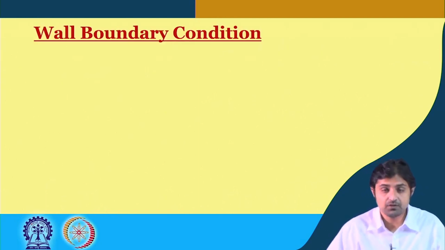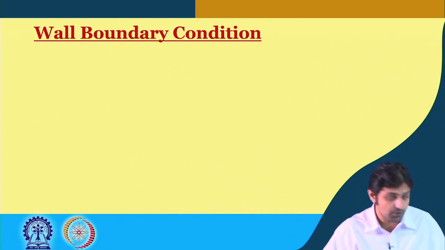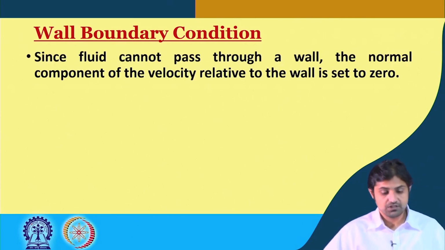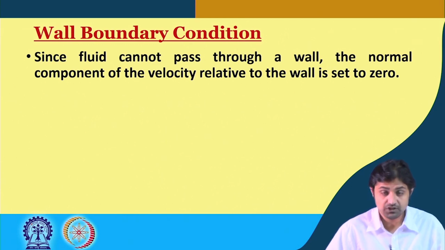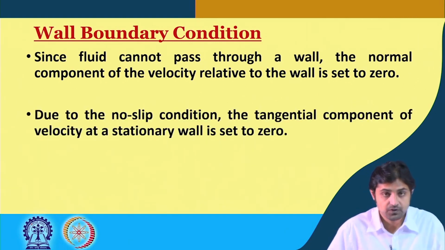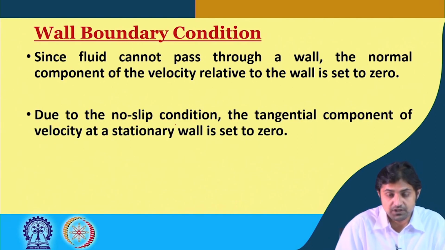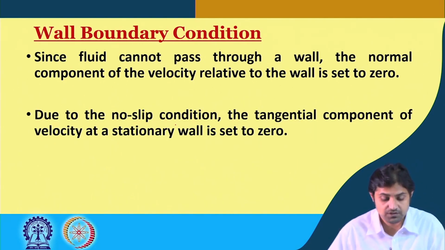Now, as I said, I mentioned being closed and being open. There is a wall at the boundary. These wall and other concepts you have read in your previous lectures of hydraulic engineering. So we are going to talk about the wall boundary condition. Since fluid cannot pass through a wall, the normal component of the velocity relative to the wall is set to 0. And what is this called? This is called the no slip condition. And therefore, due to the no slip condition, the tangential component of the velocity at a stationary wall is set to 0.